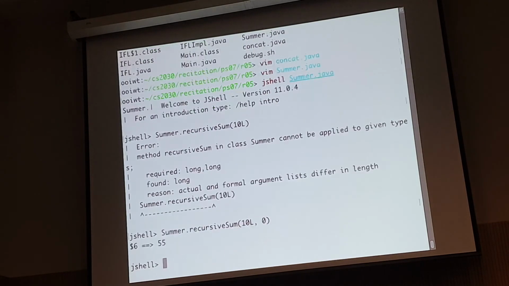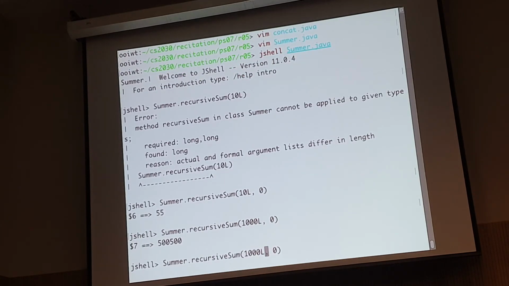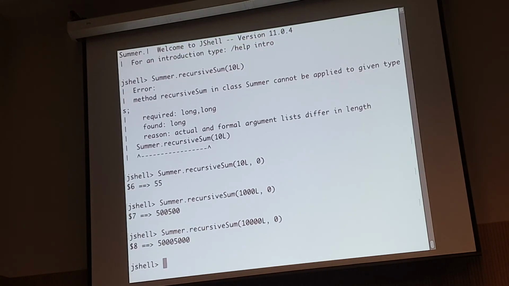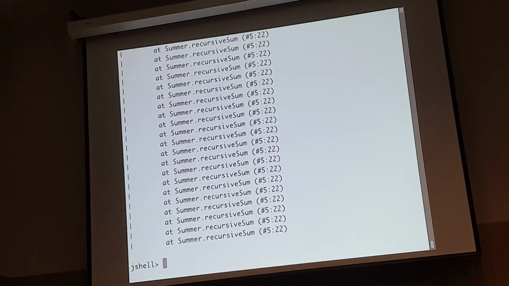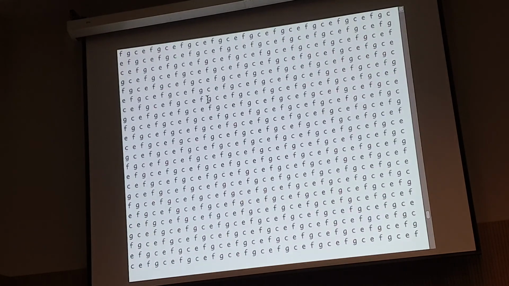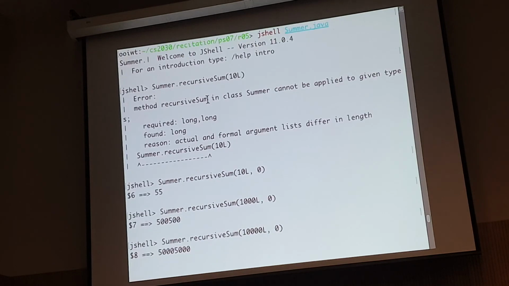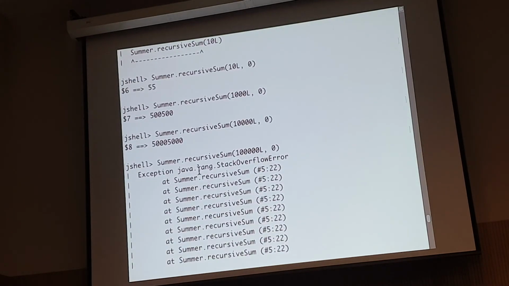Okay, 10, no problem. 1,000, no problem. 10,000, no problem. 100,000, boom. You get stack overflow. Now you have thousands and thousands of frames on your stack. But all these things on the stack are useless.